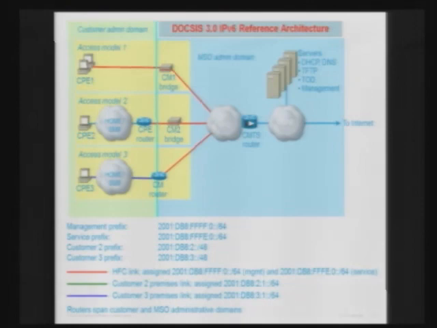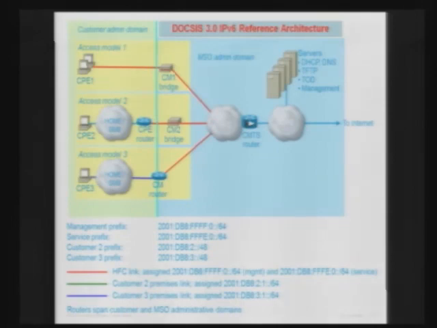One thing to keep in mind is this management address doesn't have to be a globally routable address, because the management domain is confined to the particular provider's network. So he can even go ahead and use unique local addresses for IPv6 addressing of the cable modems, because they don't have to communicate to the rest of the internet. It is basically for management purposes.